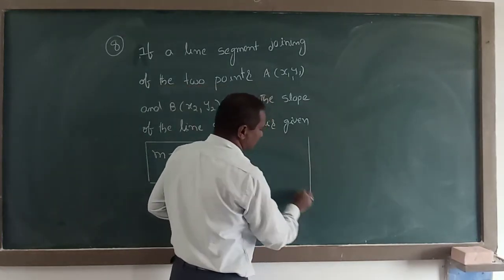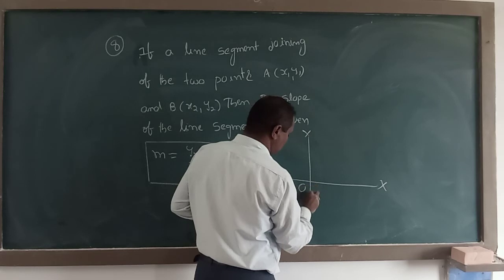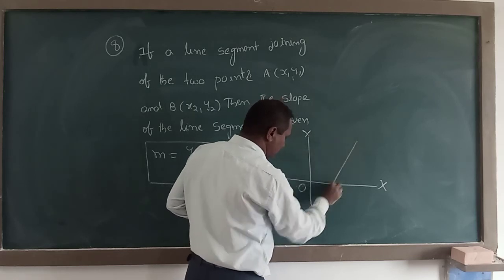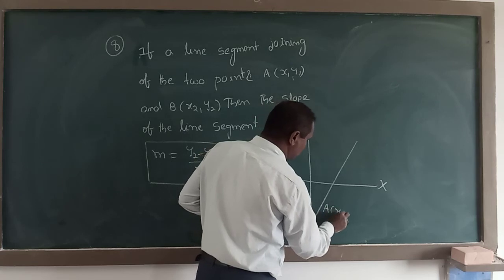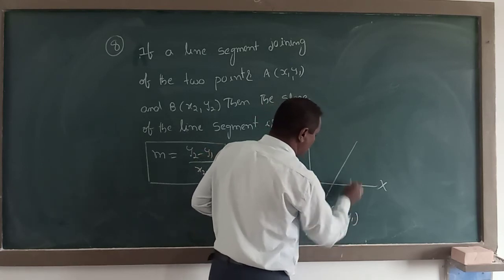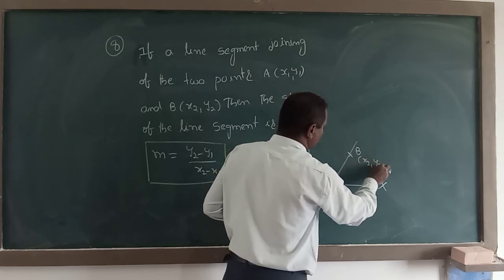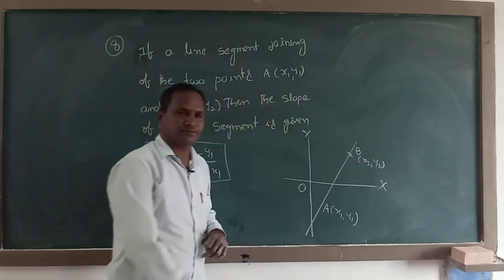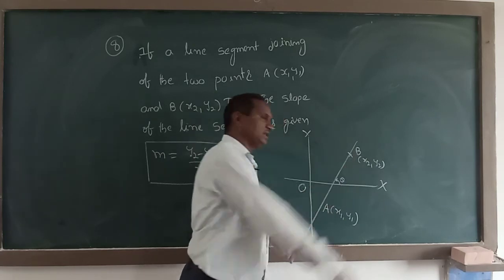Take the X-axis, Y-axis, origin, and a line segment joining 2 points here. Here A is x1 comma y1 and here B is x2 comma y2. The angle made is theta here.